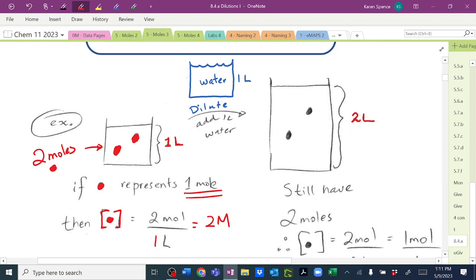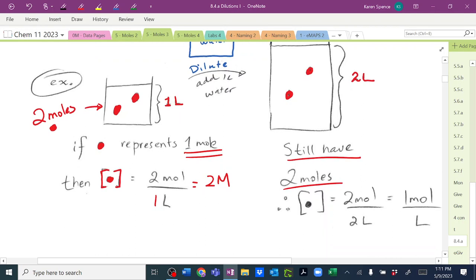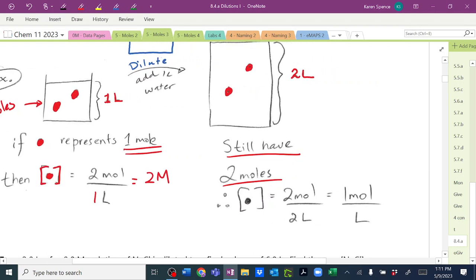But did we change the number of spots that we have? No, because all we did was add water. So we still have 2 moles. But our concentration, again, is the moles over the liters. So we have 2 moles over 2 liters. And when we do the division, we get 1 mole per liter or 1 molar.